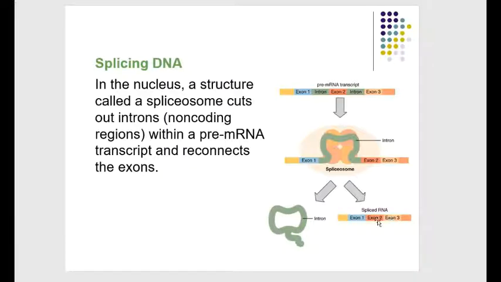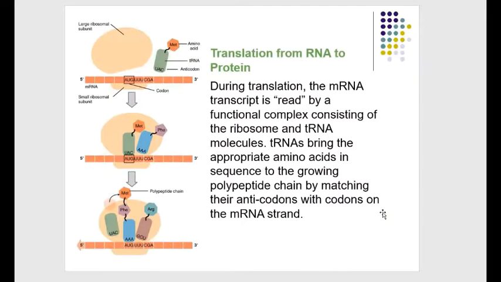There are some cases that we splice out some of the exons as well, but in this case, we'll keep it simple. Okay? So we have our finalized mRNA. That mRNA is going to leave the nucleus, and it's going to enter the cytoplasm and find a ribosome.